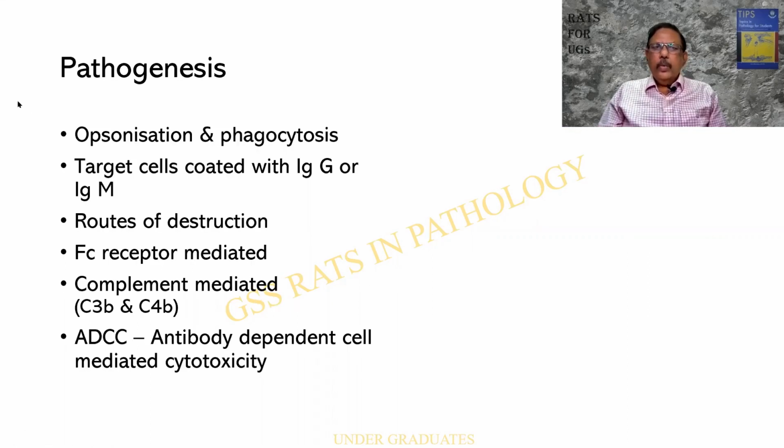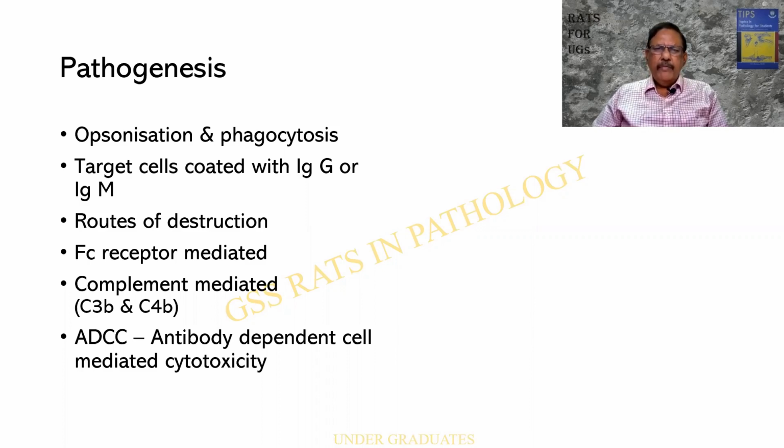Now, what is the pathogenesis of this type 2 hypersensitivity? There are two important steps. One is called opsonization. Opsonization means coating of an antigen. It can be a bacteria or any substance with a particular protein so that it is conditioned for phagocytosis.